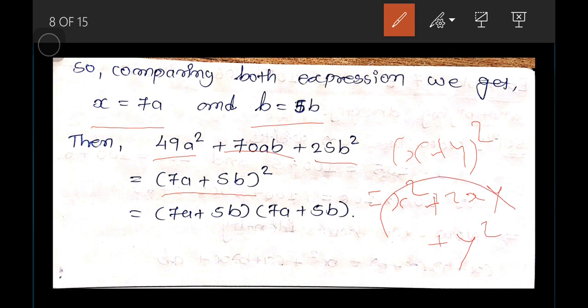This is the form given here. So we can take x and y and put them in this formula. So directly (7a plus 5b) all square.